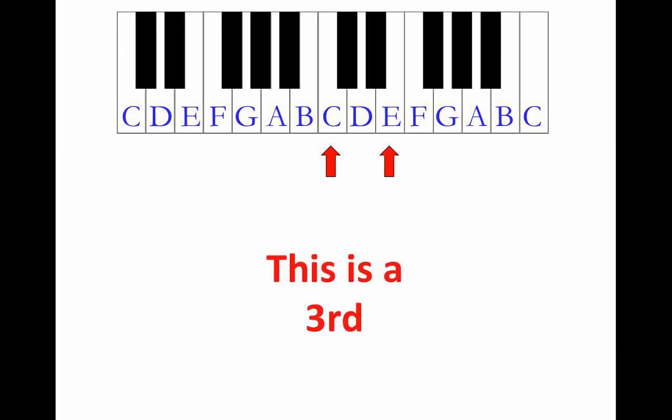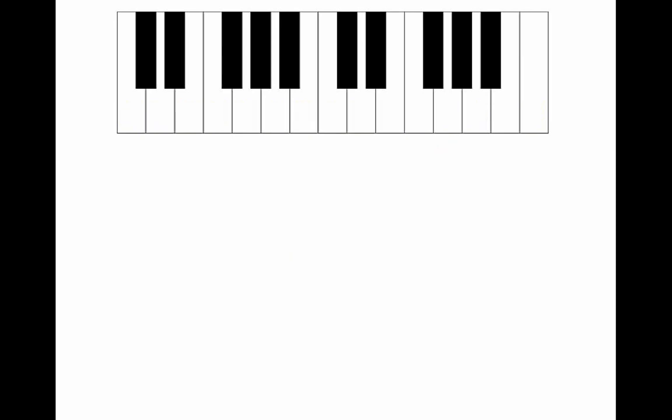This is a third, and you'll notice we're skipping a white key, and we are skipping an alphabet letter name. This is a fourth. It's one bigger than a third. We're not going to do much with fourths today. We'll come back to those another time, but fifths are very useful, and we're going to use those a lot today. Notice that there are 3 white keys between the notes of a fifth.